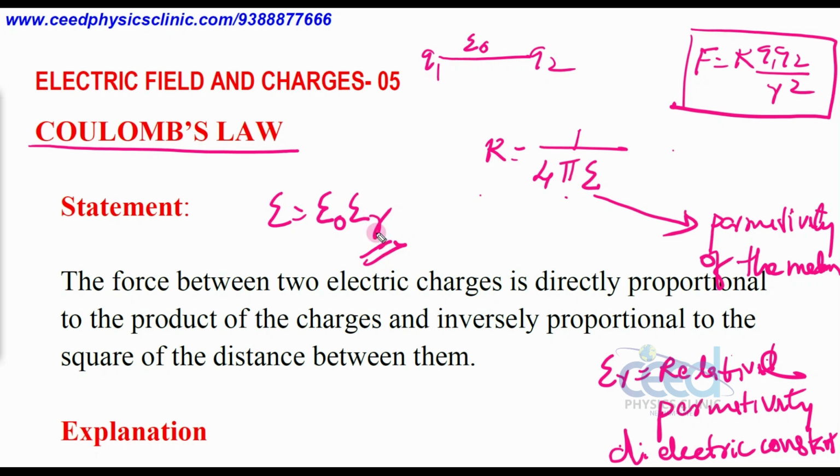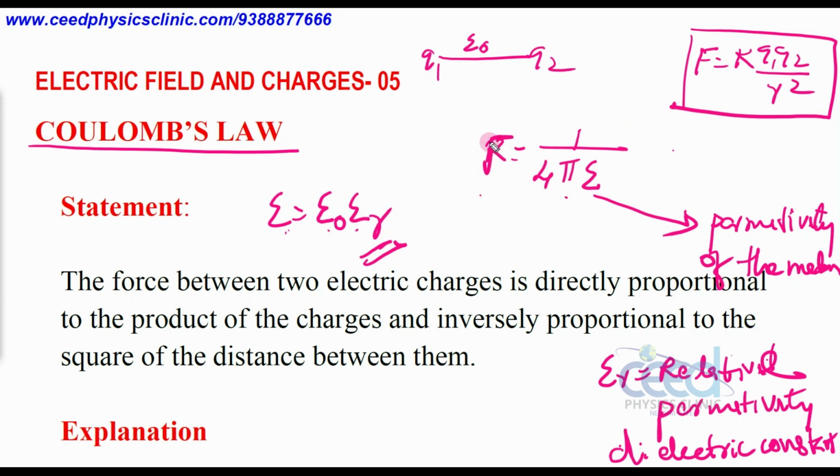If you insert a medium between these two charges and you know its dielectric constant epsilon r, then multiplying it with the permittivity of free space, epsilon 0 epsilon r, represents the permittivity of this medium.